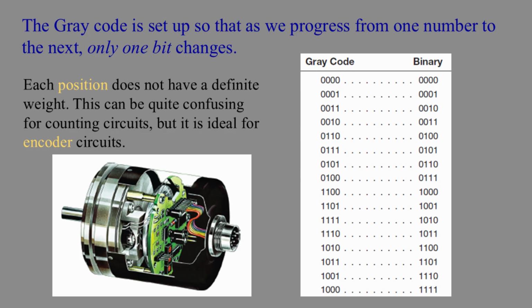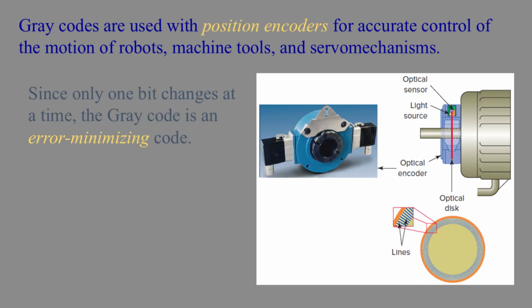For example, when binary counters switch between numbers, multiple bits may flip at once, and if a circuit reads the value at the wrong instant, it may capture an incorrect result. Gray code avoids this problem by ensuring that only one bit changes at a time. This feature makes Gray code particularly valuable in devices like encoders.